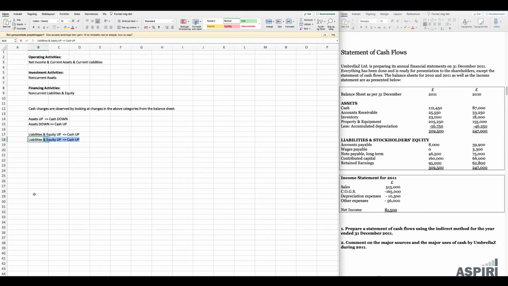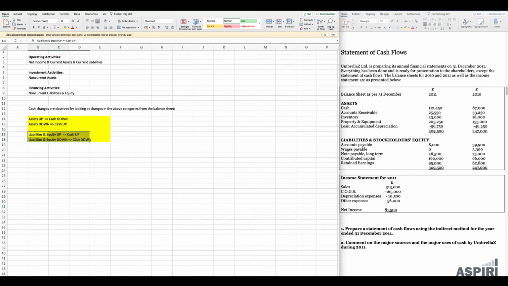So let's write this out for the other situation, that is, if it goes down, well, then unsurprisingly, I guess, the effect will be that cash also goes down. These rules are quite simple in a way, but really important to remember when you get into the exercise, because we'll be applying them again and again.